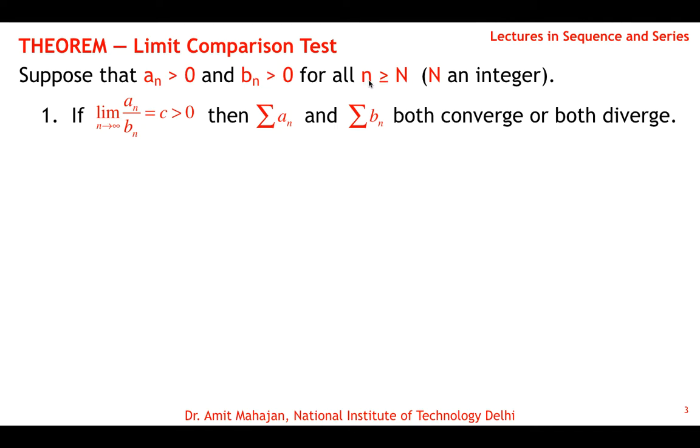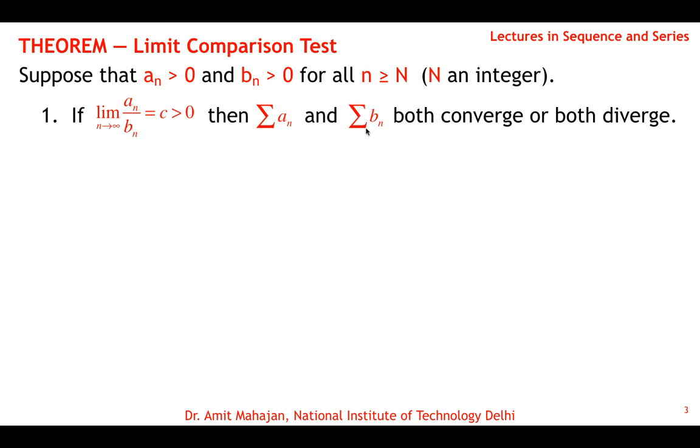If the limit as n tends to infinity of an by bn, that is, when n goes large, the ratio of an and bn tends to some positive number, say c, then the behavior of both series an and bn remains the same. That means if one converges, then the other also converges.